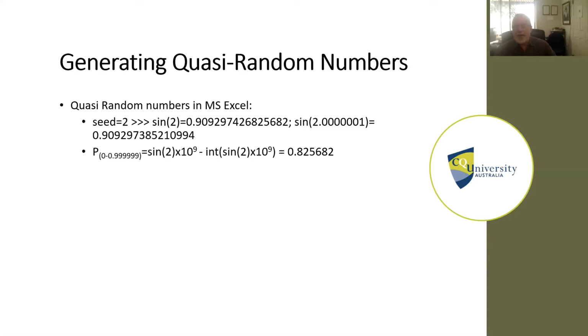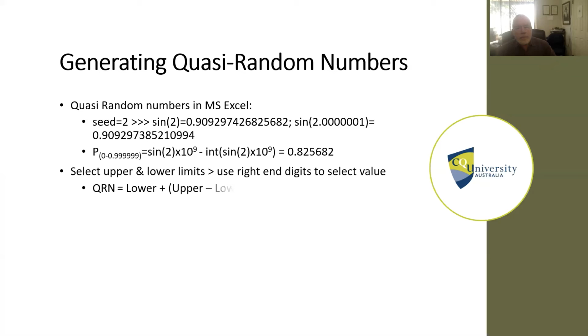If we then set upper and lower limits for the random numbers we're really interested in, because we're not always going to want numbers between 0 and 1, which is what those last half dozen digits give. You can fairly easily generate these apparently random numbers in the range you want.